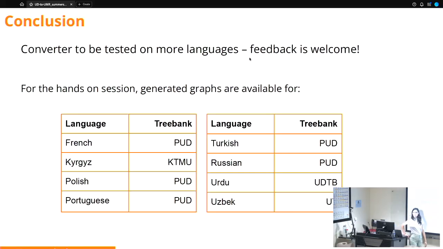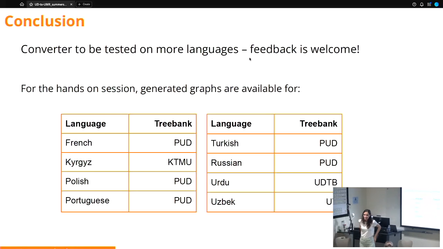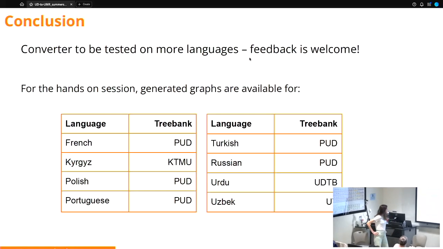Compared to all the aspects of UMR, all the elements, does it contain, for example, discourse relations? Oh, sorry, I forgot to mention this. We are working only with sentence-level graphs, because from UD we cannot read the document level. We are also producing alignments, but we do not convert the document-level block.